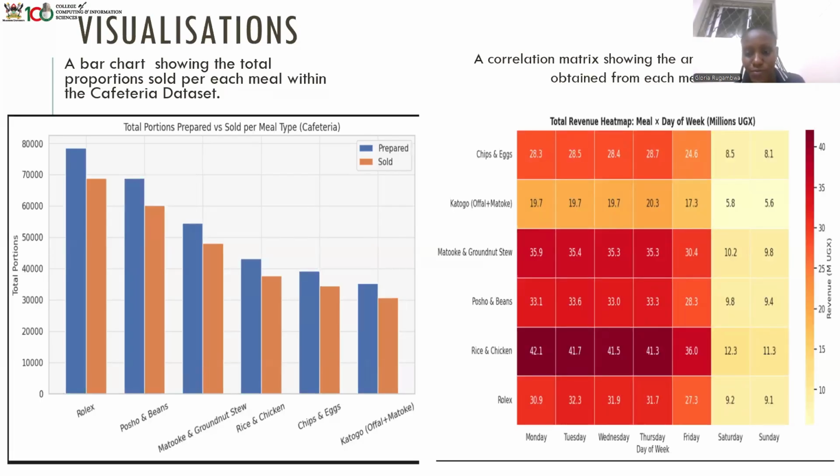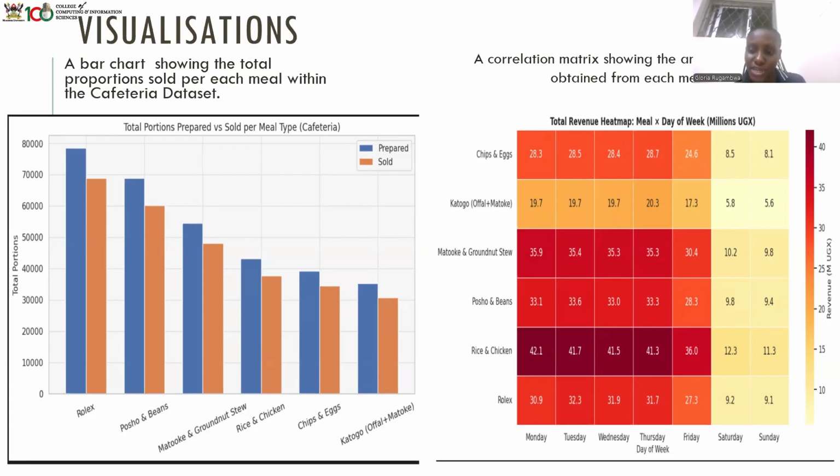We are able to see that rice and chicken tops the list with the highest revenue generated. Then the least are the ones that are pale orange, as the color keeps changing towards a lighter note. It means the revenue is also decreasing.